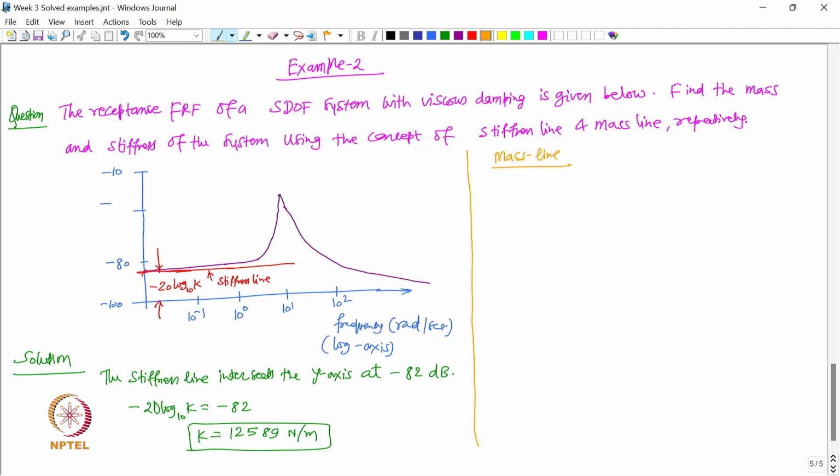The mass line has a slope of minus 40 dB per decade, and it is an asymptote to the FRF magnitude plot in the high frequency range, when omega is very large compared to omega n.